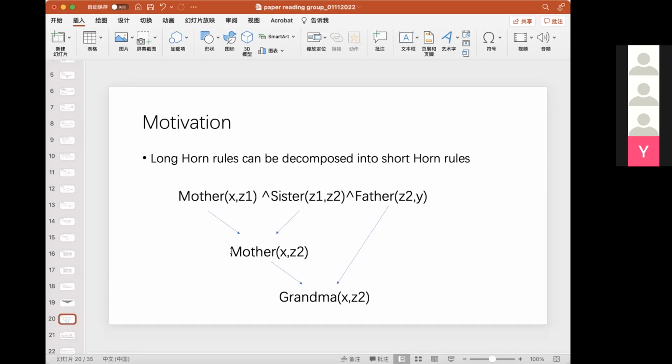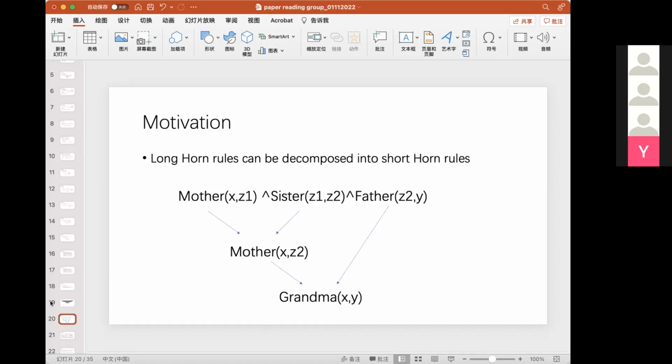Then by combining that conclusion with the third predicate, we can infer that the rule head should be grandma(X, Y).